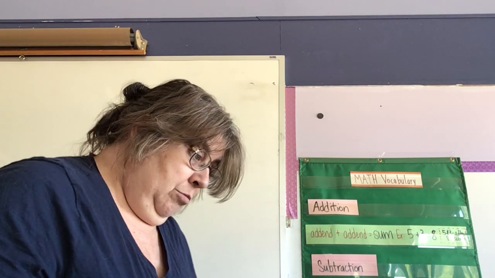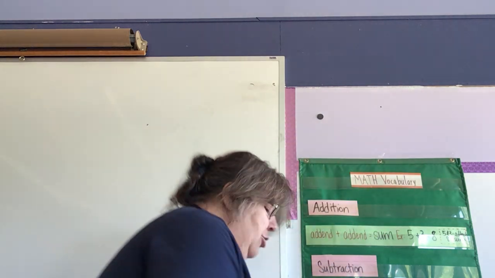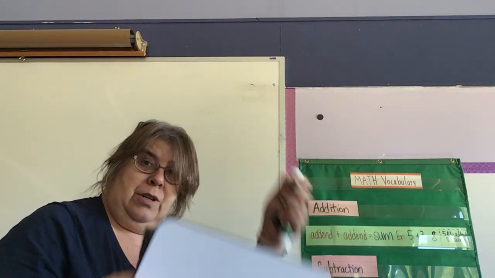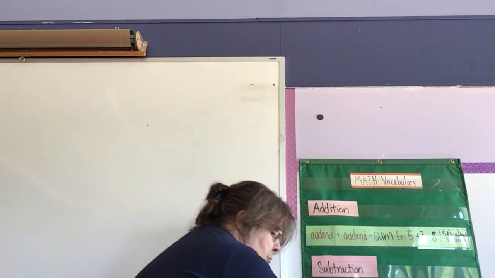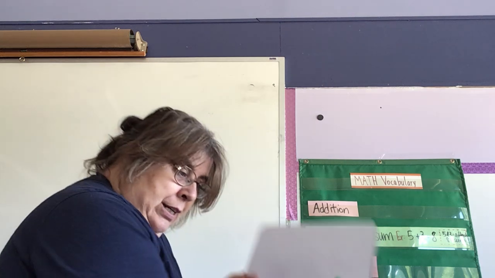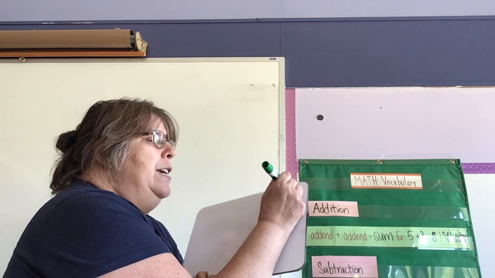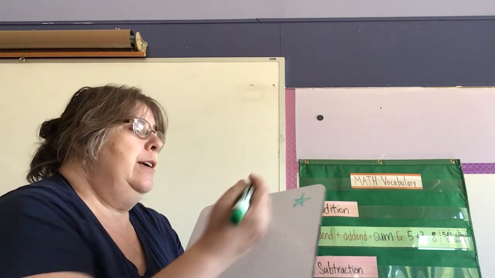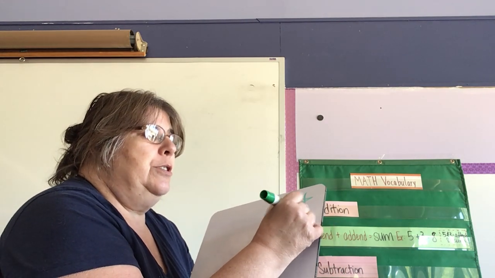Good morning, students. Everyone should have a whiteboard, an eraser, and a marker. Draw a star on the top right-hand side of your whiteboard. Any kind of star is fine, it doesn't have to be perfect.